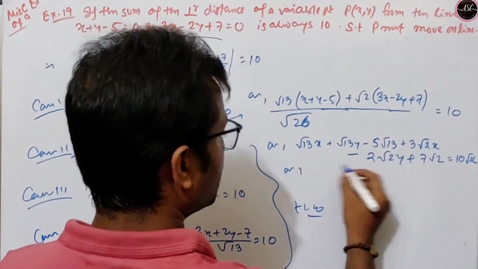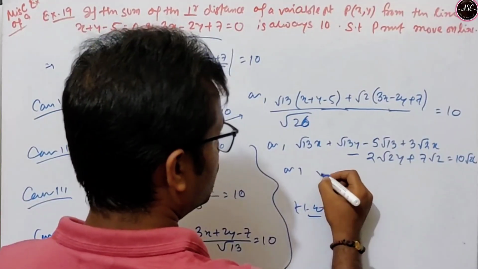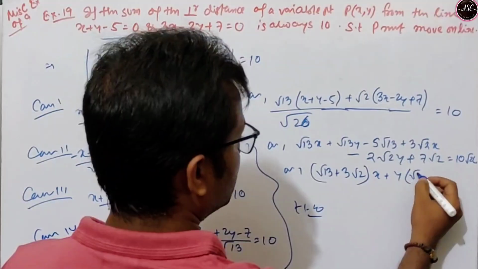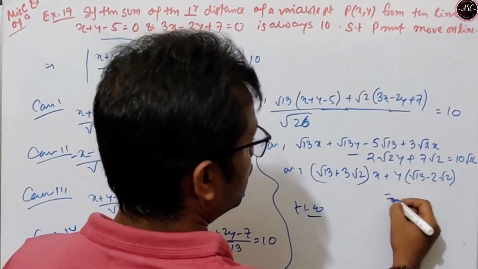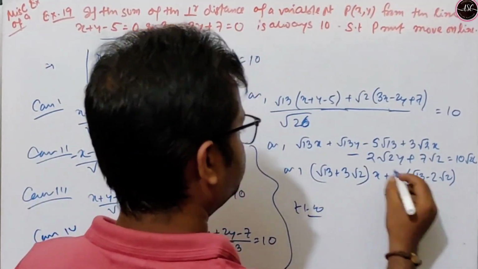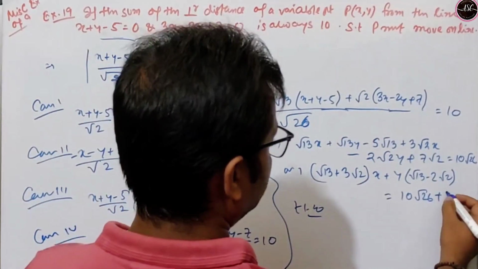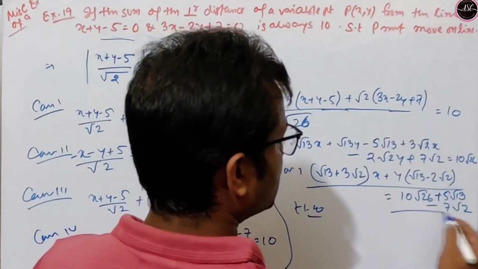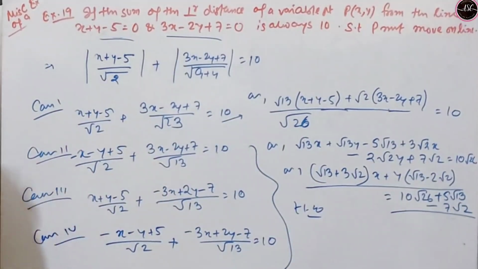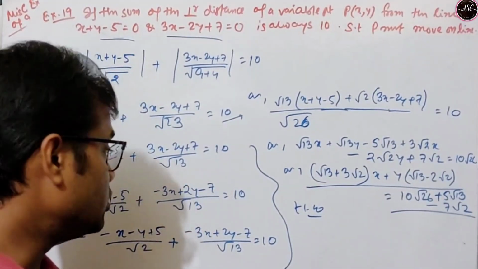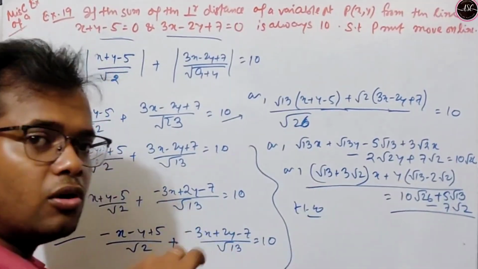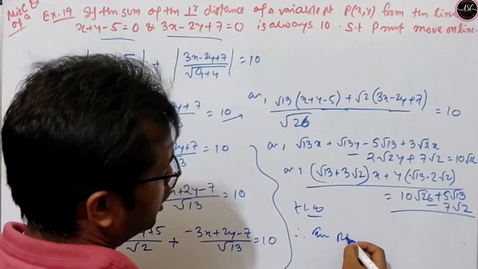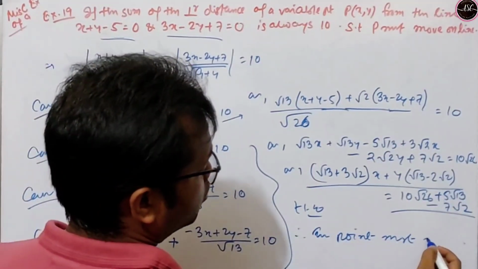Okay, or if we take x common, so (root 13 plus 3 root 2) into x plus y into (root 13 minus 2 root 2) equal to 10 root 26 plus 5 root 13 minus 7 root 2. This is the equation of a straight line, and if you solve all of these equations, you get this type of equation. Okay. So we can say the point must move on a straight line.